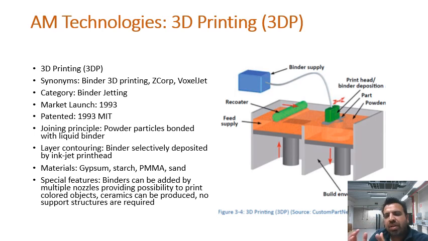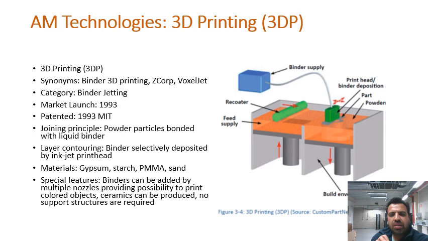But here that bonding is provided by liquid binder, which is also sprayed by a print head. Gypsum, starch, PMMA, sand are generally the materials printed by this technology.